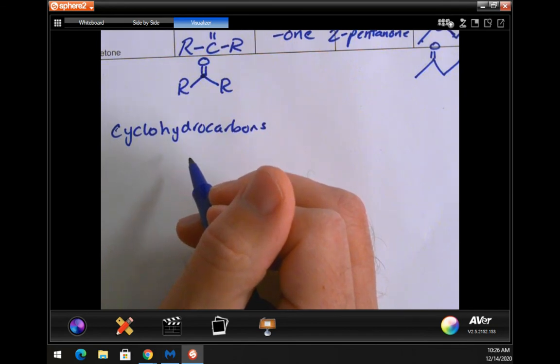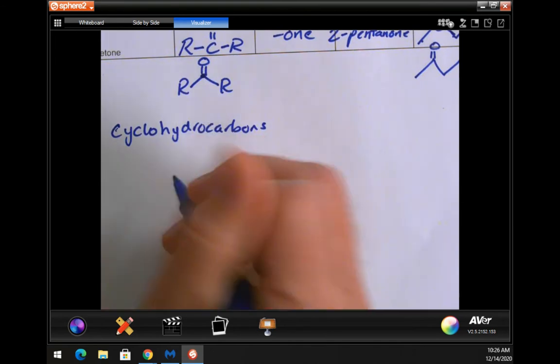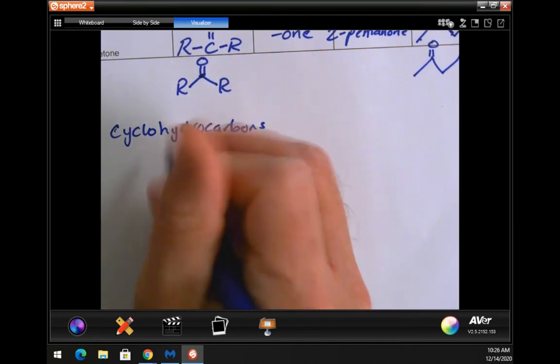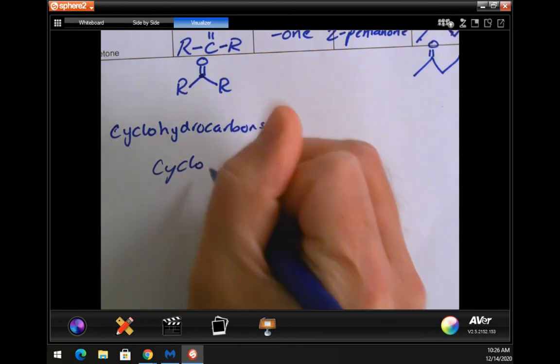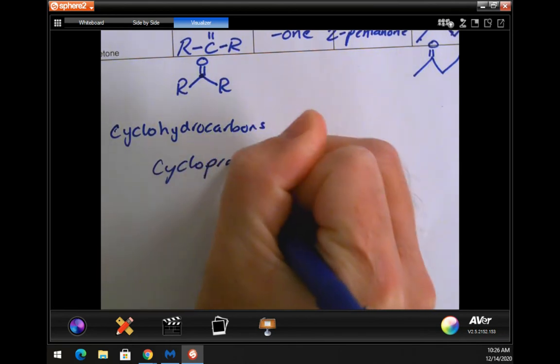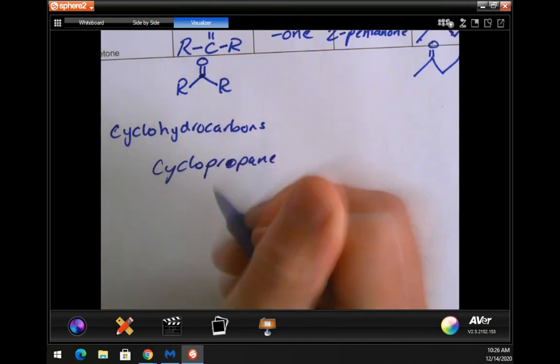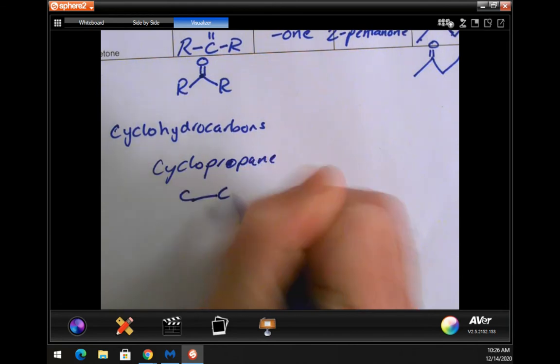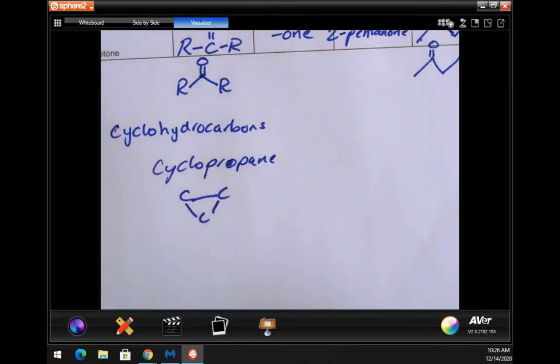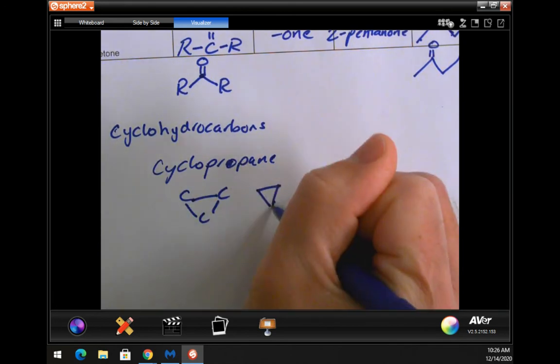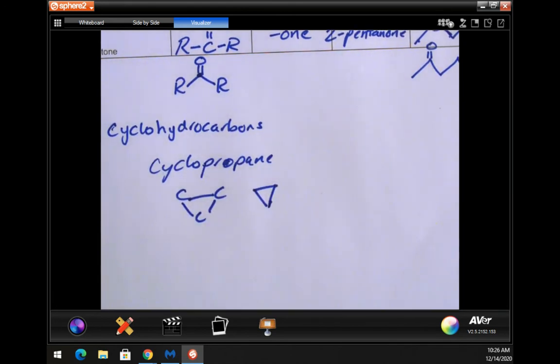So the end and the head end up bonding together. Okay, so the simplest one would be like cyclopropane. That's the smallest one you can have because it's just three C's forming a triangle, and you'll just see it drawn like that. I can actually connect my triangle. Okay.